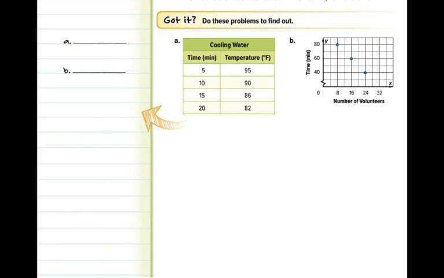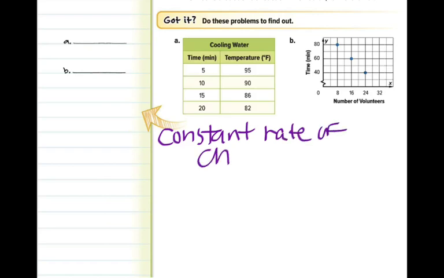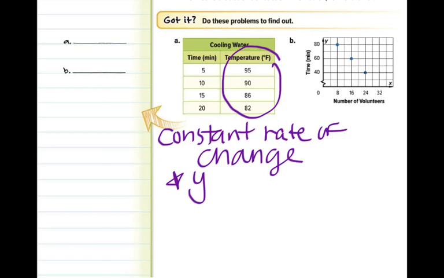All right, let's see if you got it. We're going to do these problems to find out. Okay, so what we want to do here is come up with our constant rate of change for each. Okay, so when we write our rates, the y comes first.